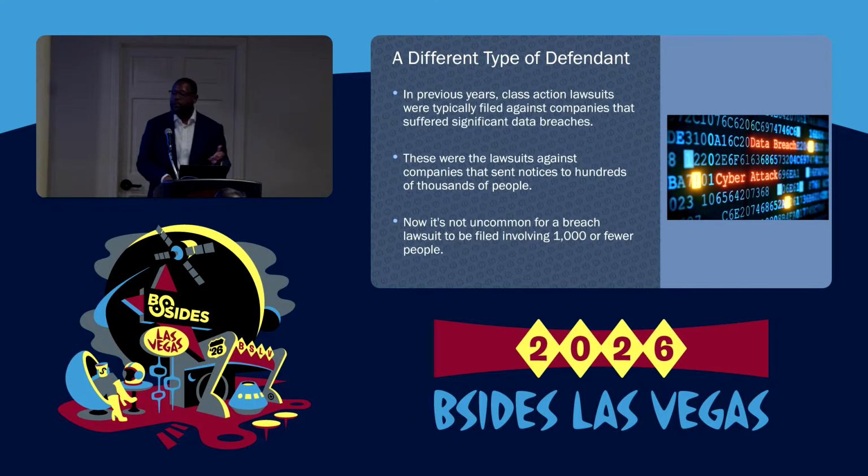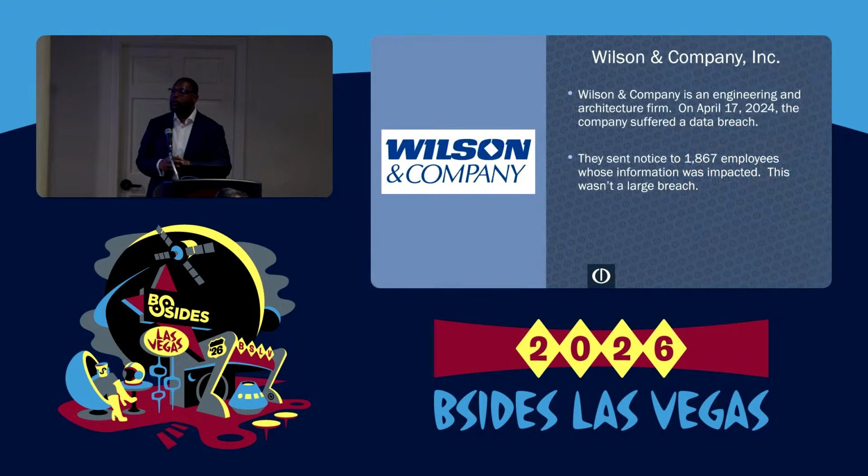And you may be saying, well, so what, right? People are victims, their information was exposed, they should just be able to sue. Why do we care so much? Well, let's look at a real-life example. Wilson and Company, an engineering company, suffered a data breach in April of 2024. It wasn't one of those big mega breaches in all of the headlines.